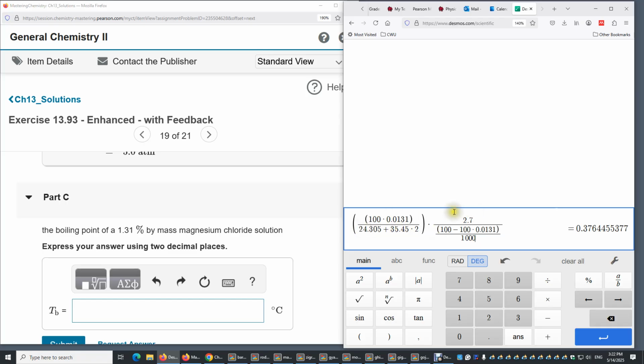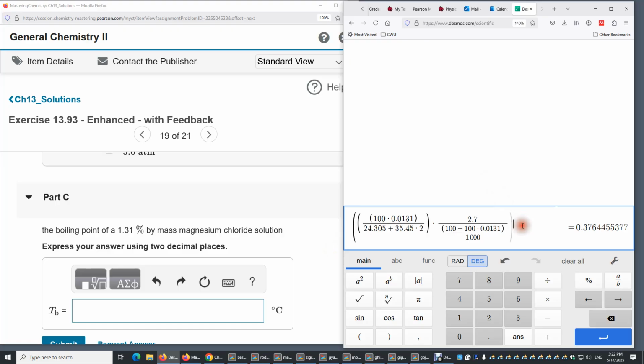I call it effective because over here we have this Van 't Hoff factor being included. Now this multiplied by 0.512, we'll get the boiling point elevation. It's only 0.19 degrees Celsius.